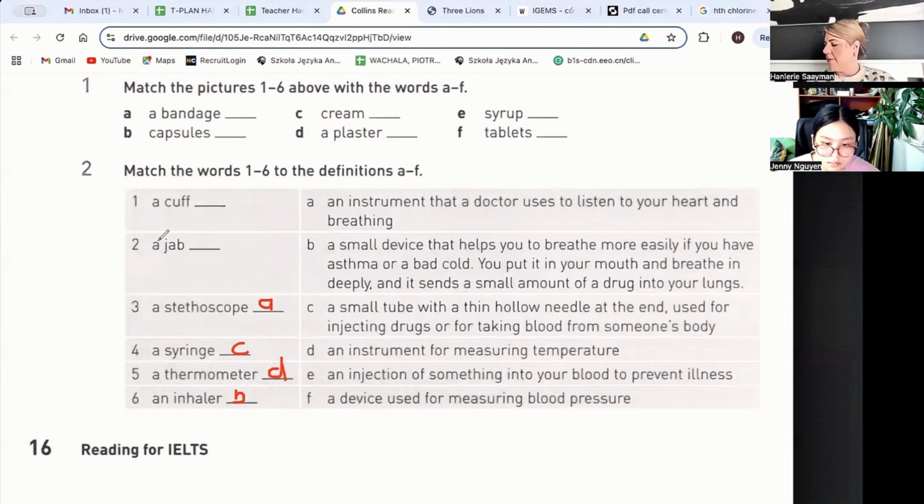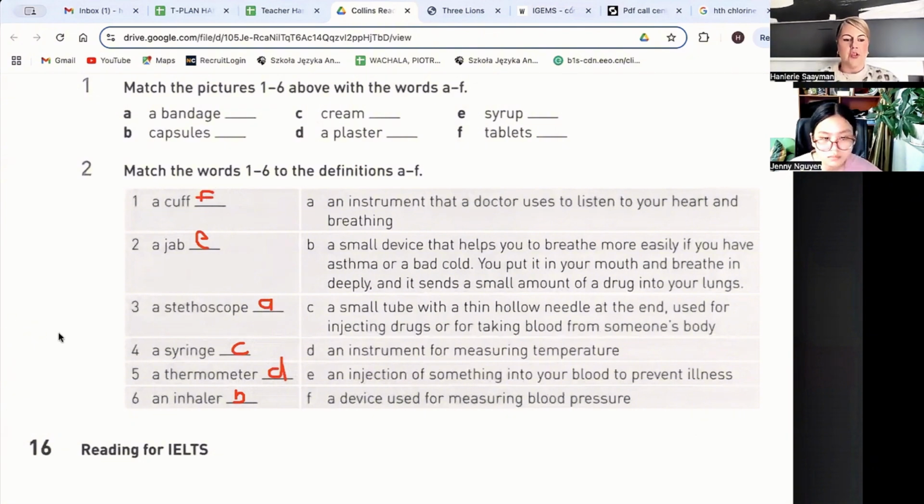What is a jab? I don't know. A jab is an injection of something into your blood to prevent an illness. Oh, that kind of makes sense. And a cuff, the last one, is F. Blood pressure, yeah. Well done. Any questions on these?